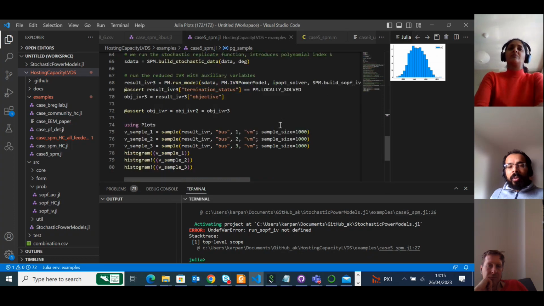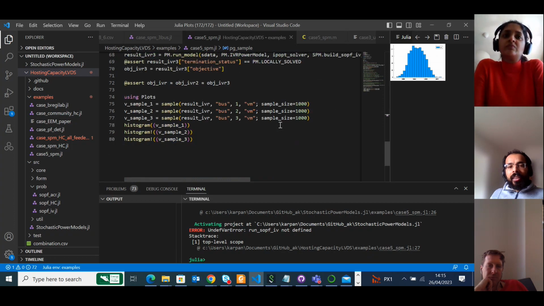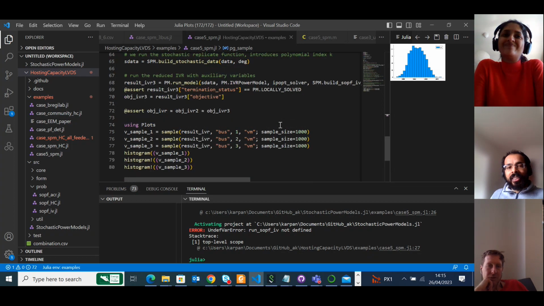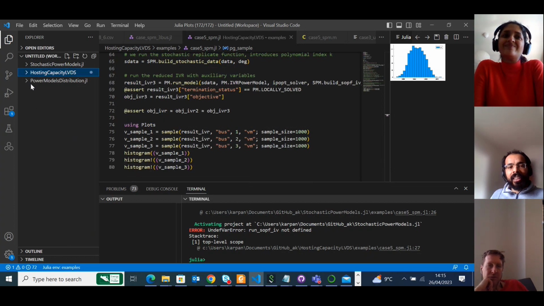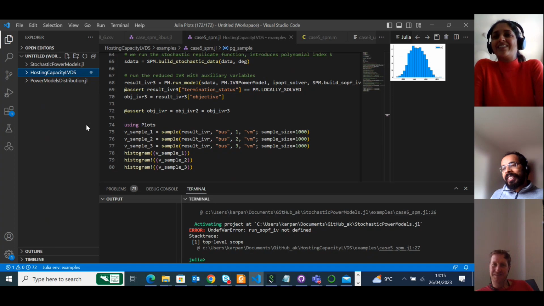In implementation, it's a bit easy to say and difficult to do because I'm still struggling. This morning I was trying to struggle with a 3-phase stochastic power model. It satisfies everything, but there is still some problem in there. So it sometimes looks easy but gets complicated. But the basic trick is something like that. You have to write all your equations.